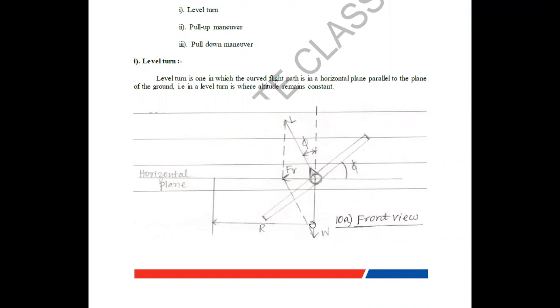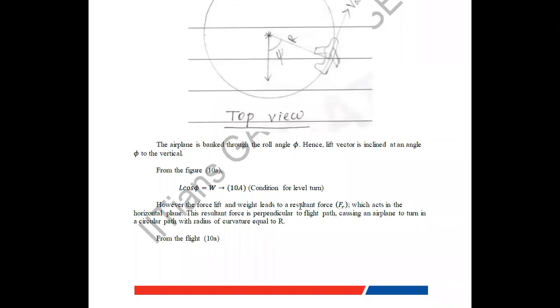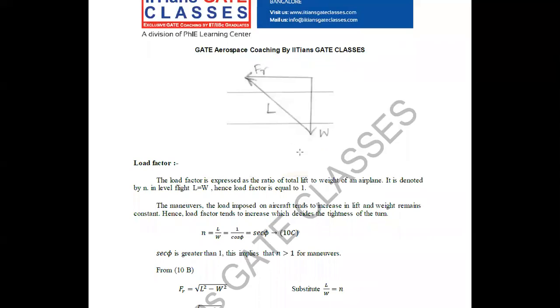That figure can be redrawn like this: lift which is acting at an angle phi to the vertical axis, resultant force which is acting inward, perpendicular to the vertical, and weight which is acting downward.